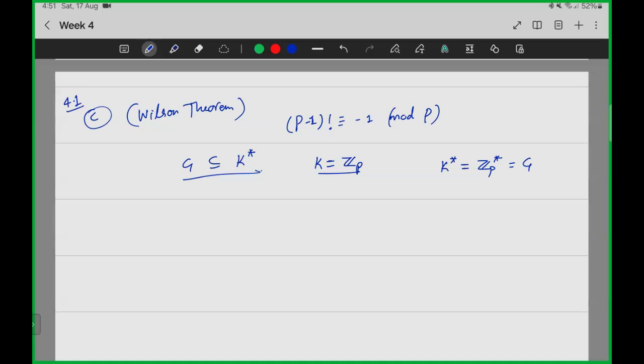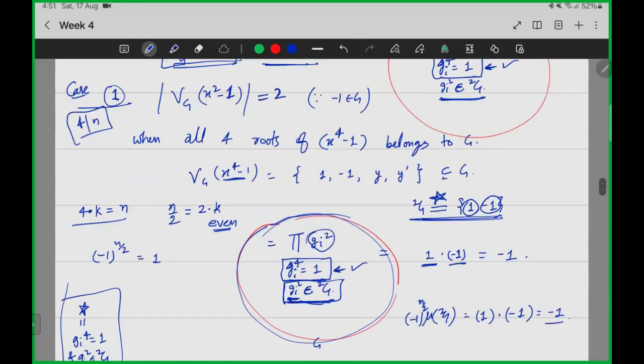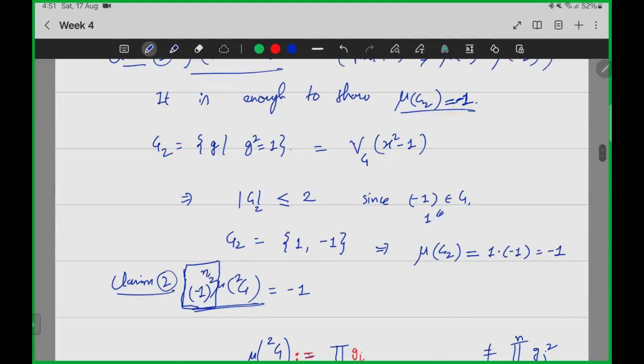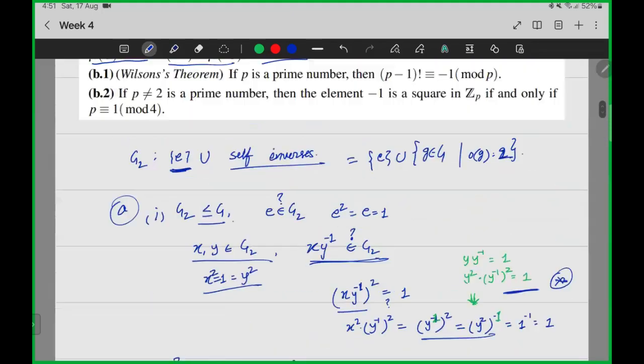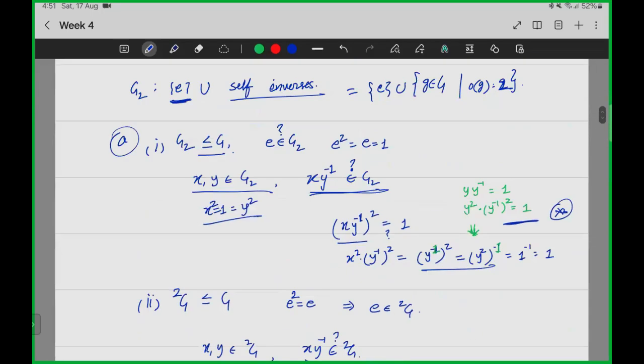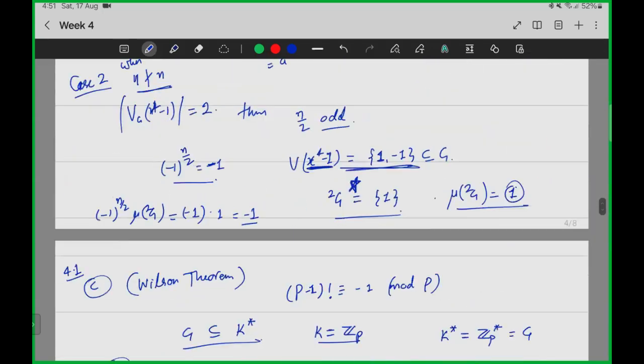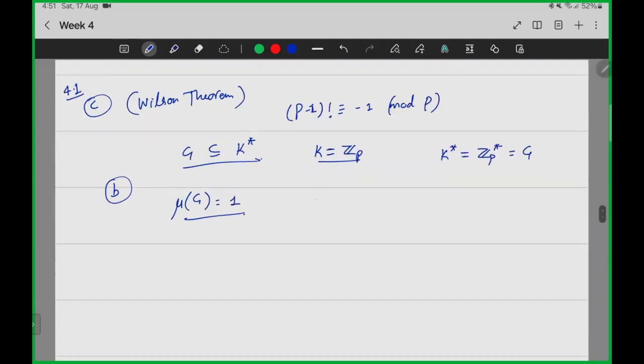Now we somehow want (p minus 1) factorial equal to minus 1 mod p. So any calculation here is just mod p. What we have shown from part B is that mu of G is minus 1. What is mu of G?